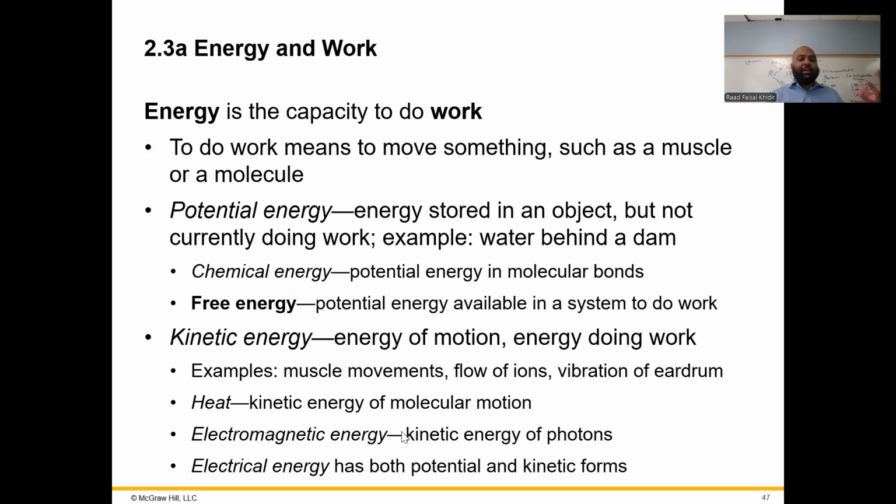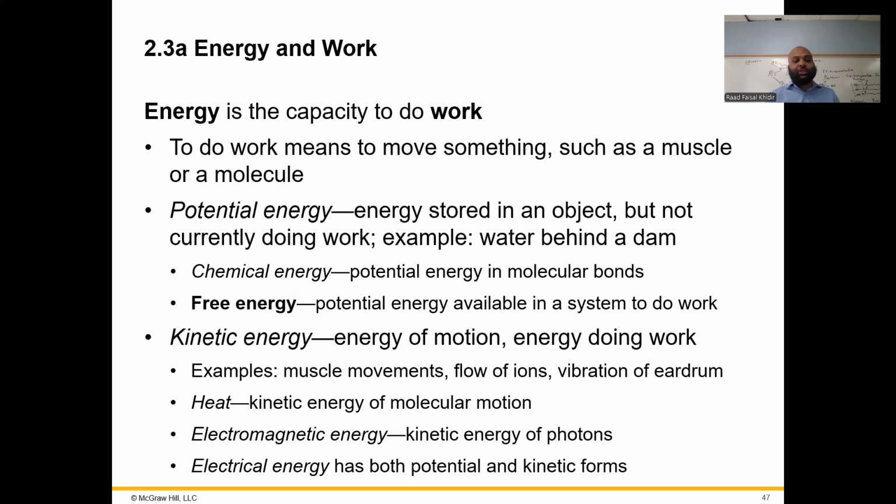Electromagnetic energy is energy where we have the movement of photons. Electric energy is the movement of electrons. Electromagnetic energy is the movement of photons. Photons are emitted when an electron falls from an area of high energy to an area of lower energy. Now you're just appreciating the different types of energy.